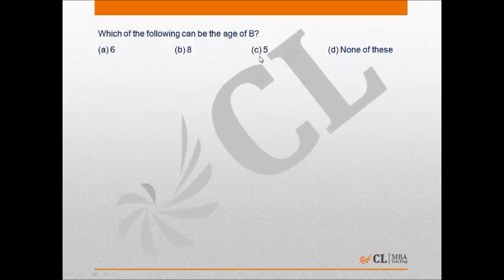So let's see which one of them is present among the options. Only option A contains one of the values out of 4, 6 and 10. Hence it has to be the right answer. That's all for this set.